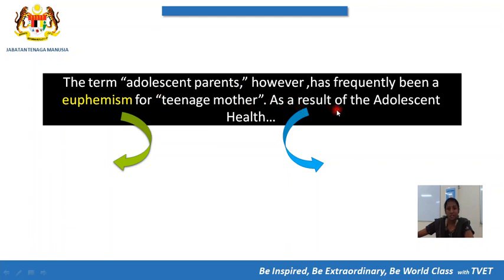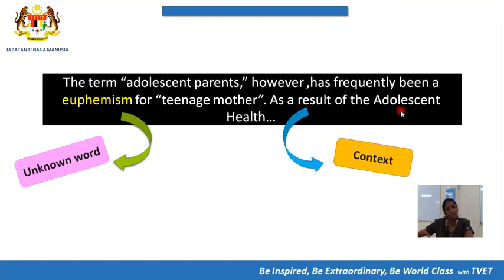I have highlighted in yellow the unknown word, euphemism. You don't understand? Right. But what's the text? The text is about adolescent health.